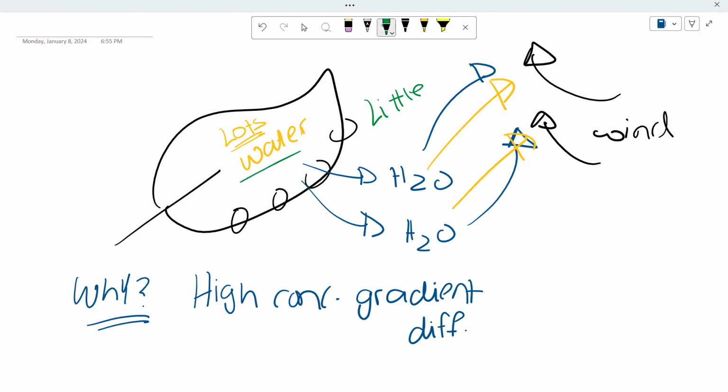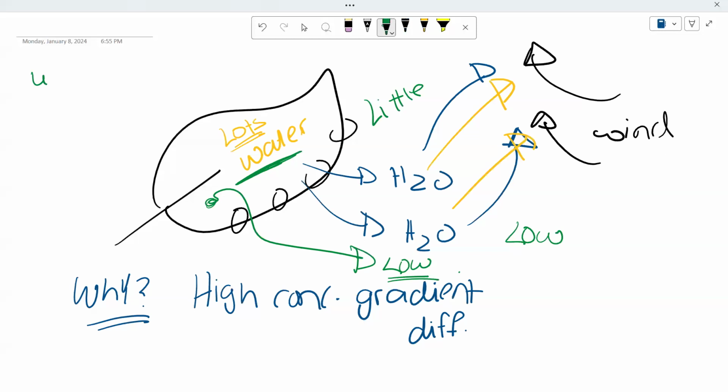So there will be a high concentration of water inside and a low concentration of water outside. And this is going to make the diffusion of the water faster from high concentration inside the leaf to low concentration outside the leaf, increasing the rate of transpiration.